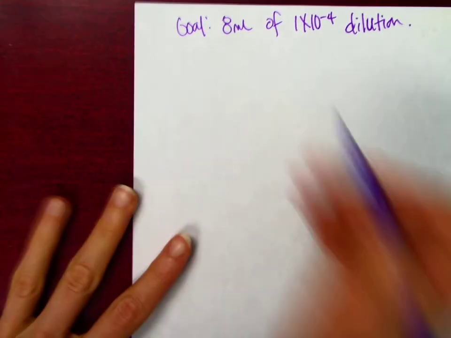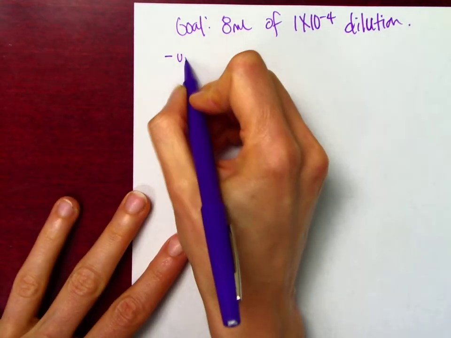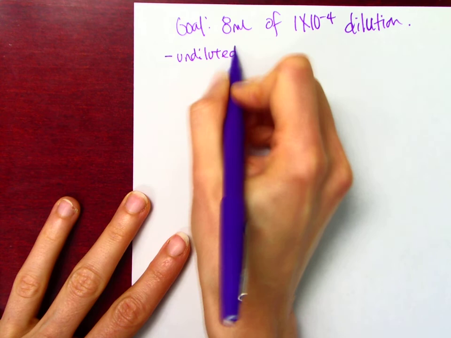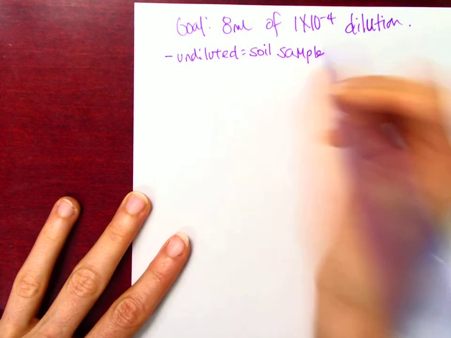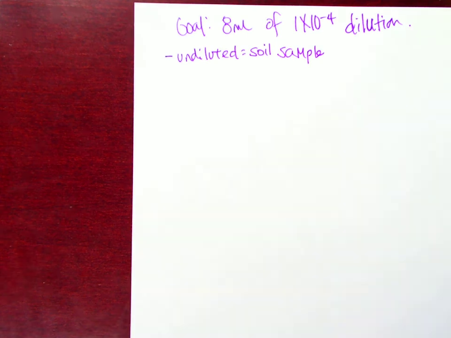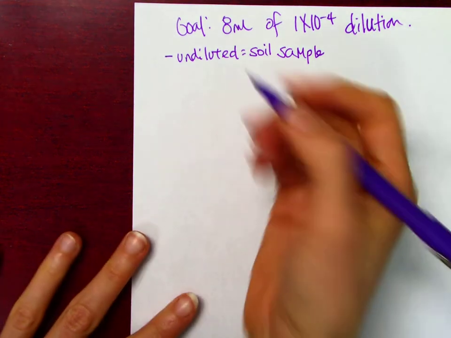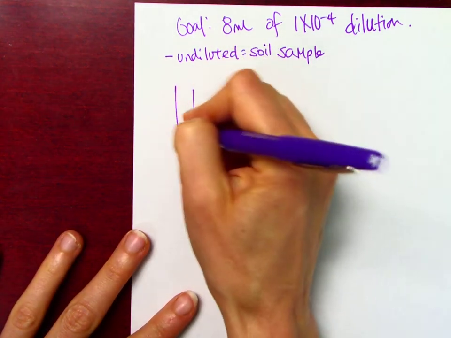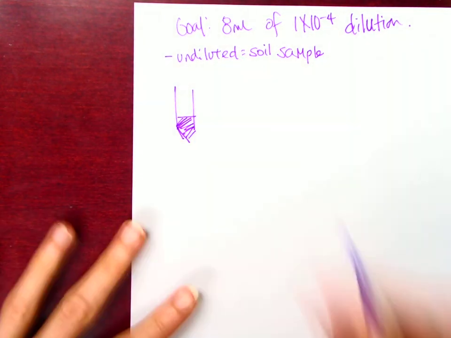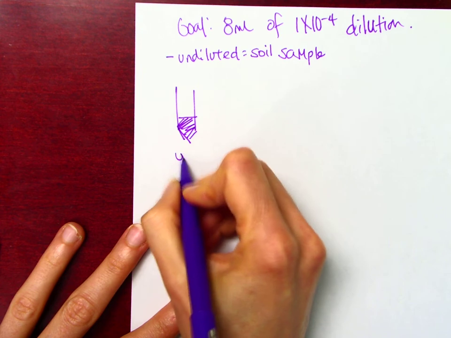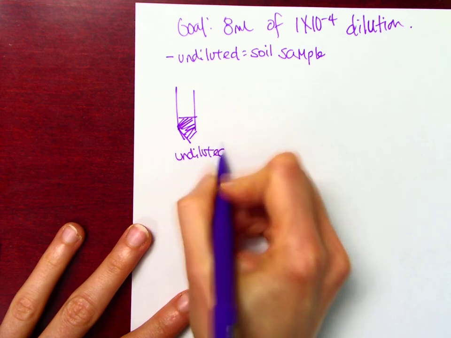Okay. So we are going to start with the undiluted, which is going to be the soil sample that you will collect from your biosquare outside your tree. Okay, so here we have our soil sample in a pointy tube. It's solid. Ta-da. We are going to call this the undiluted sample.